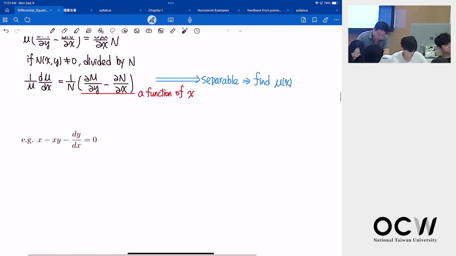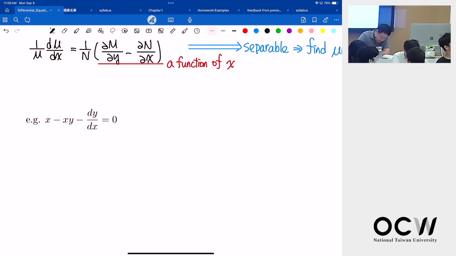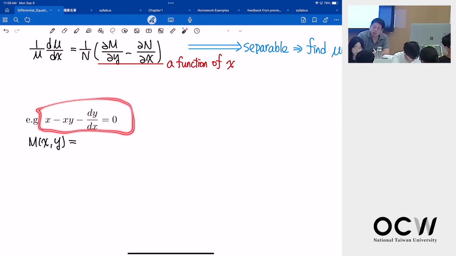Now, if you don't have any questions, then here is the example, right? So first, let's check the m and also the n. So m of xy. So what is m here in this case? Anyone? x minus xy and minus dy over dx.